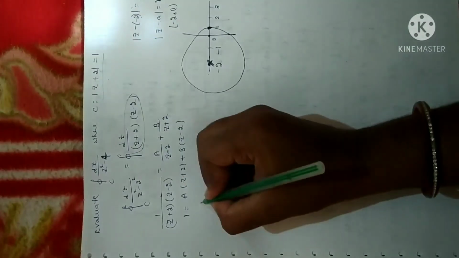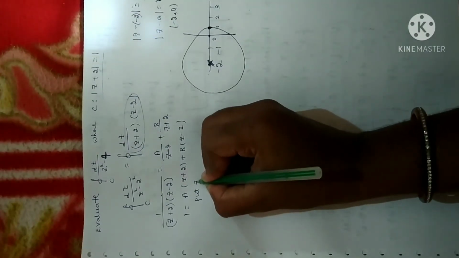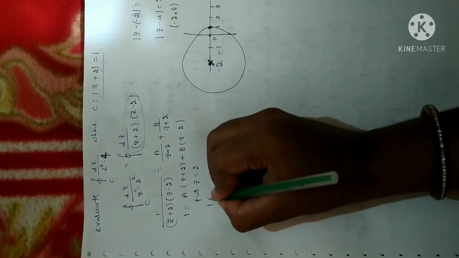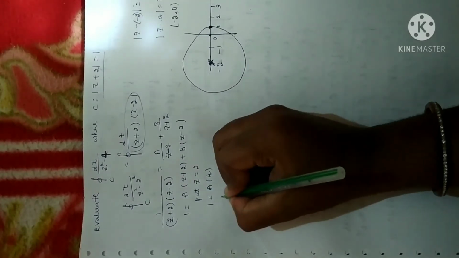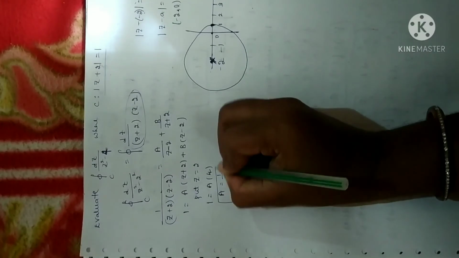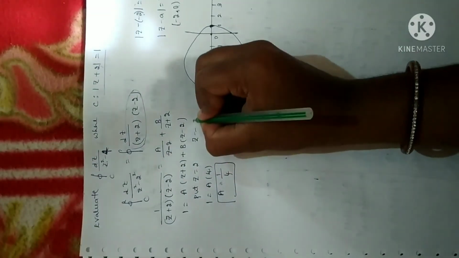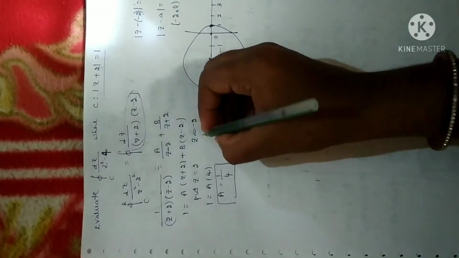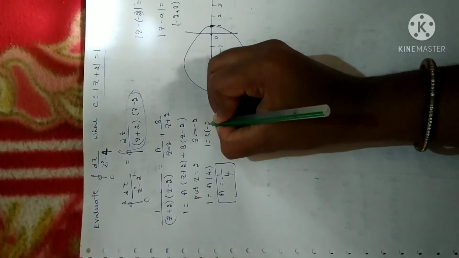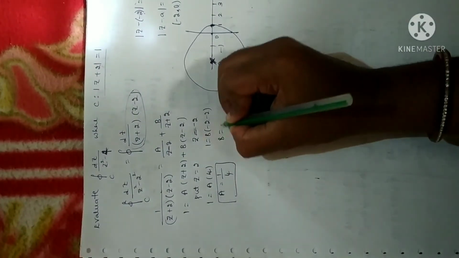Evaluate it. Put z equal to 2; B will be 0, so you will get A as 1 by 4. Similarly, put z equal to minus 2, and you will get B as minus 1 by 4. I have used the partial fraction.